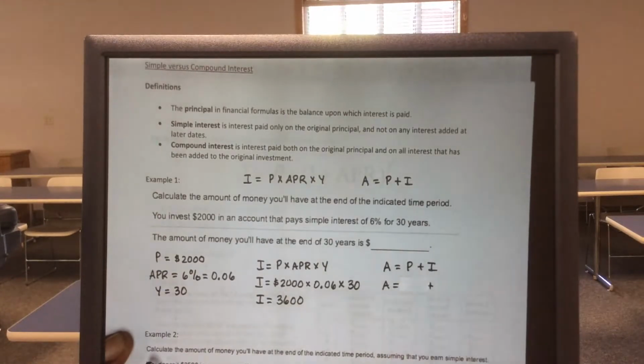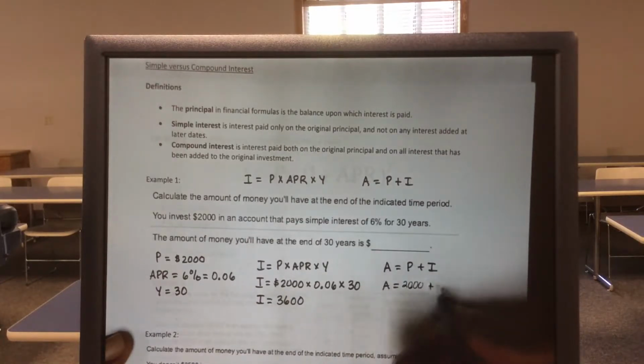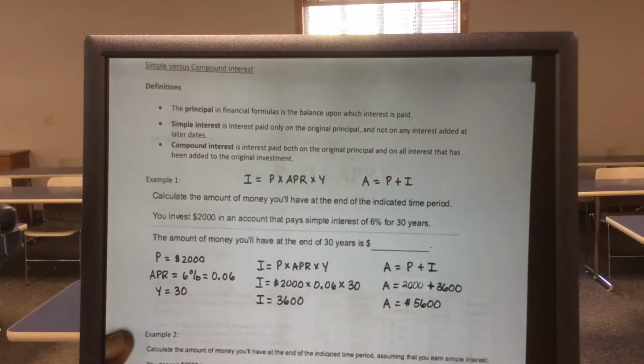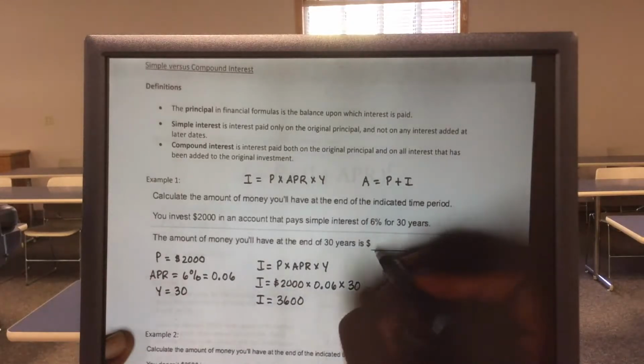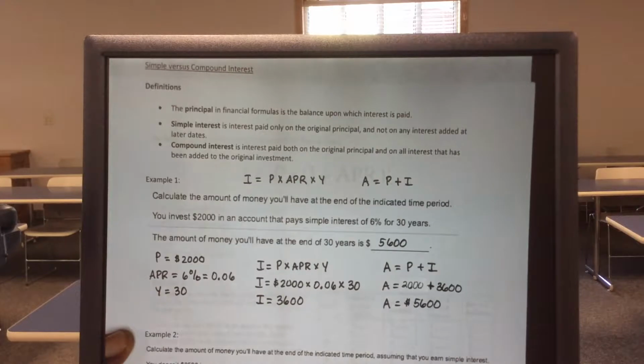Your I is 3,600. So add 2,000 to the 3,600, you're going to get $5,600. So the amount of money you will have at the end of 30 years will be $5,600.